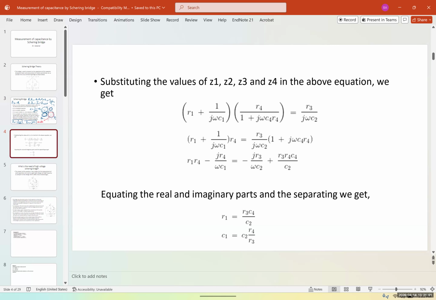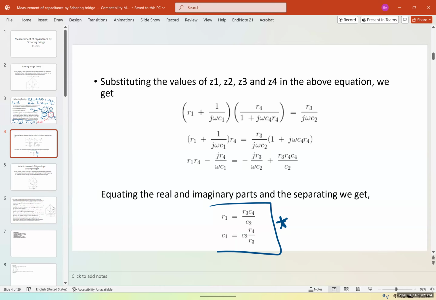Now, if we simplify this equation, equating the real and imaginary parts and separating them, we get R1 is going to be equal to R3 C4 over C2, and C1 is going to be C2 R4 over R3. These are very important equations.